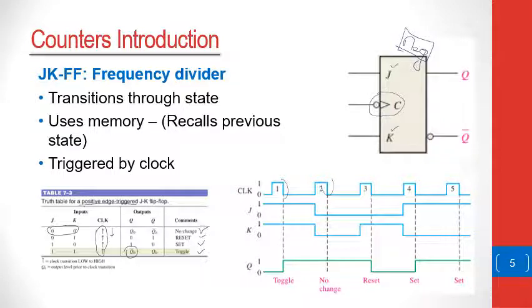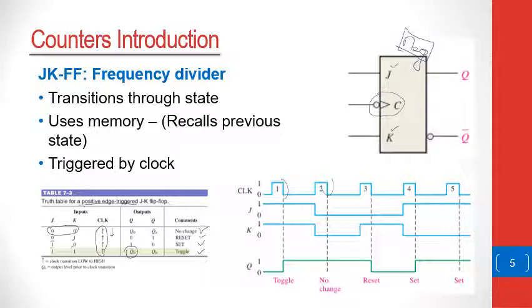When J is 0 but K is 1, then the JK flip-flop will go into a reset state. On the other hand, when J is 1 and K is 0, the JK flip-flop will go into a set state, which means the Q output will be 1.